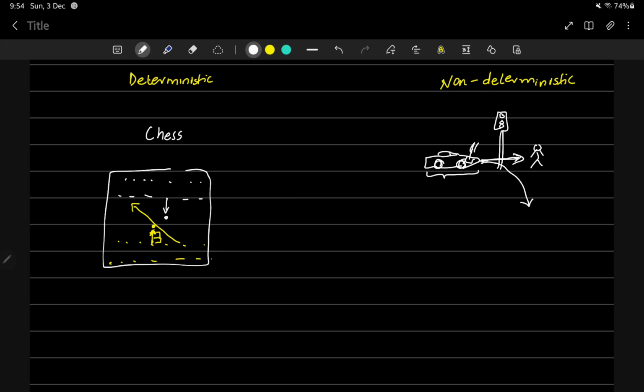So there's a high probability that you will still go straight if you took this action to go straight, but it's not 100% sure. So it's non-deterministic, and this is basically what this means. A very basic example, as I said, is self-driving cars. Many random things can happen in the real world, right?